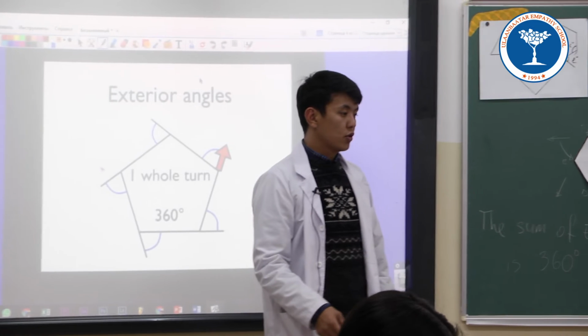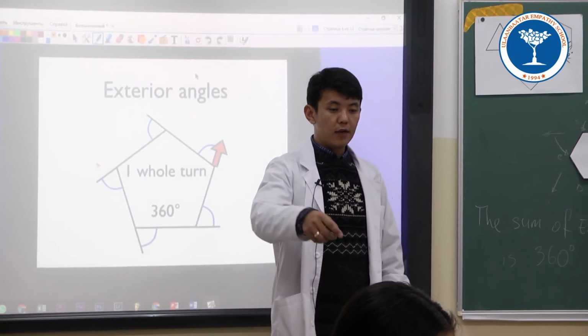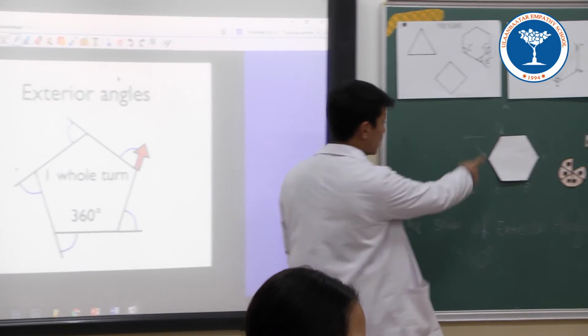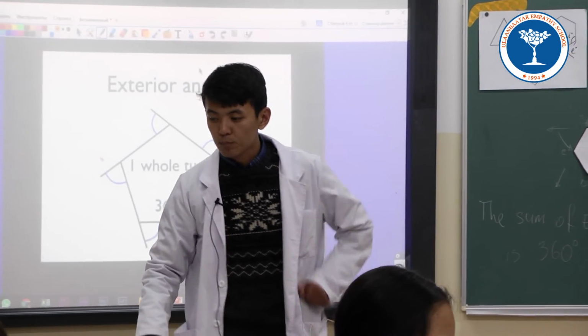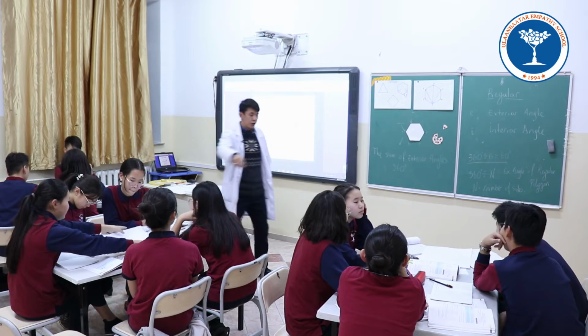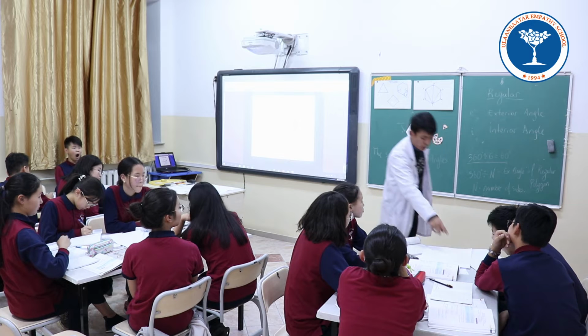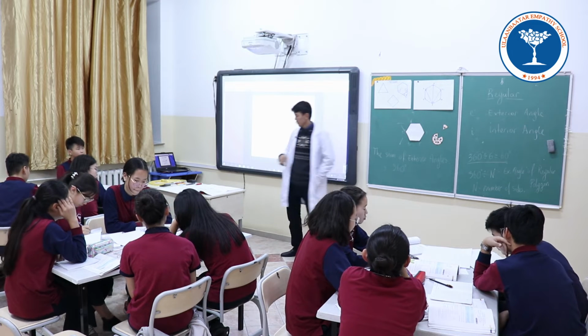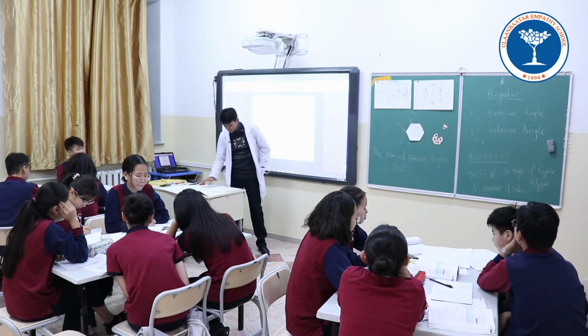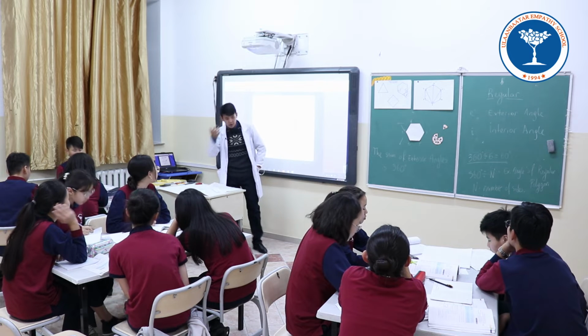You have the same exact polygon with the same exact turns. Understand? You can go through this polygon from point A to point A again. Now, we are done with the exterior angle.